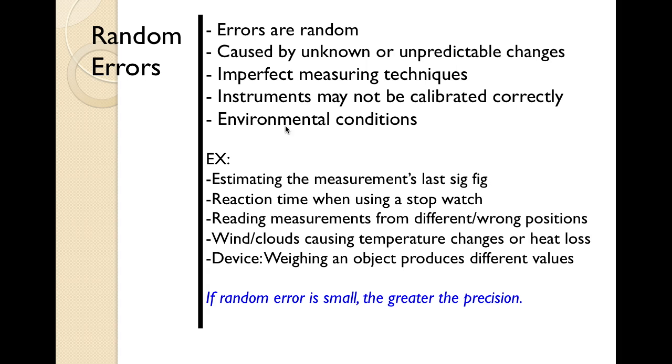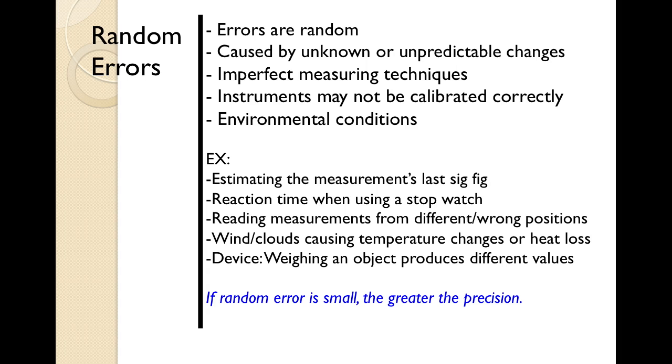It could also be something like environmental conditions because there's changes in the weather. So estimating even the measurement's last significant figure. Remember, whenever you're taking a measurement, you have to also make sure you are aware of the significant figures. By estimating, you are causing a random error, or you could cause an even greater random error. Reaction time when using a stopwatch. People measure differently.